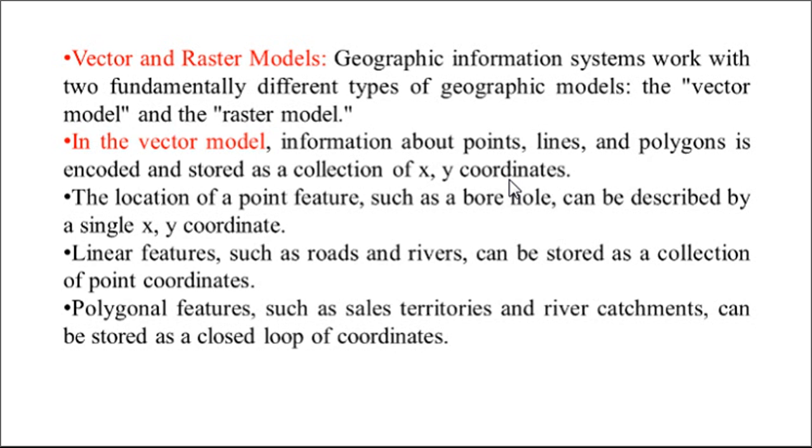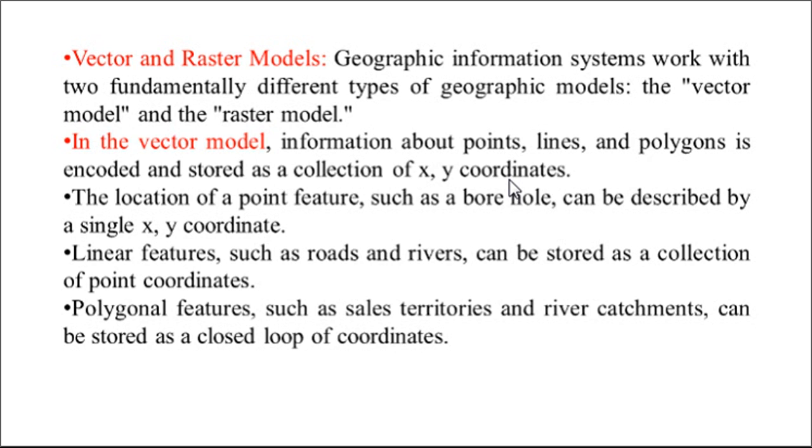In the vector model, the location of point features such as a borehole can be described by a single x and y coordinate. Linear features such as roads and rivers can be stored as a collection of point coordinates.